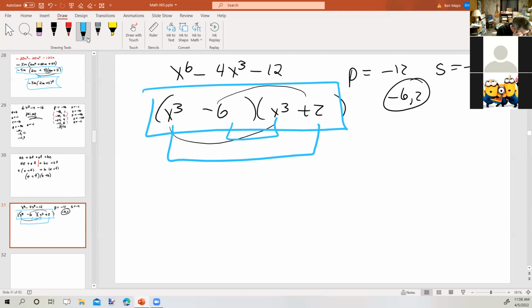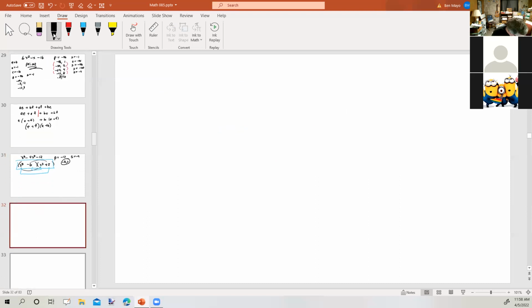How about this one? 25b squared plus 14b plus 49/25. That doesn't look fun at all, does it? Okay, well, it's a trinomial.